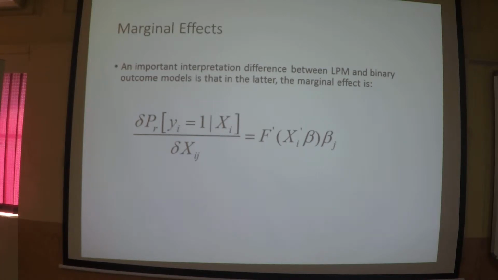Error term meaning? In the linear regression model, the error term is each value of yi minus the conditional mean of y given x is equal to xi. The left side is not y is equal to 1, the left side is probability y is equal to 1.